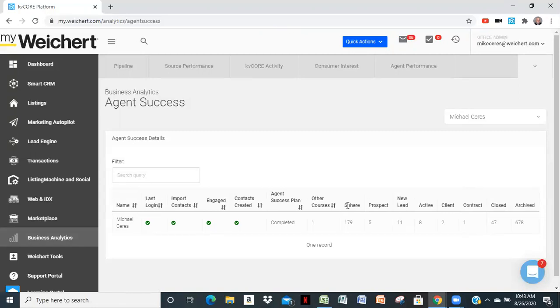All of those people should be in your CRM as sphere of influence because those are the people that hopefully, if you've done what you should be doing, know that you're in the real estate business. And if they happen to come across anybody that might be thinking about buying or selling, you should want to be on the front of their mind when they're making their referrals. So that's the idea.